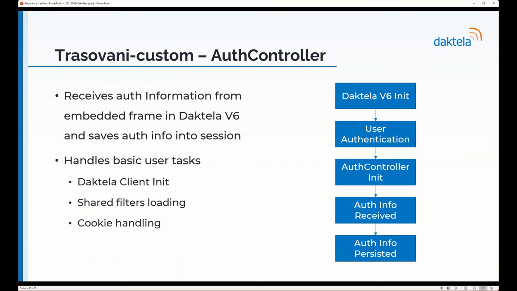So we've prepared the AuthController that just overtakes the session information from the main application. It loads the information about the user, saves them to the session as well, and offers them to other parts of the application, primarily the widget controllers, which are used on the presentation side of the application architecture.